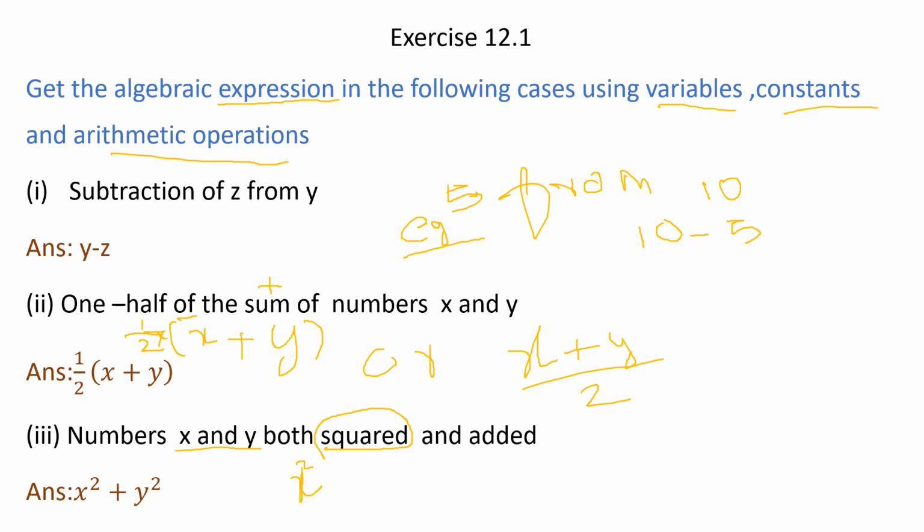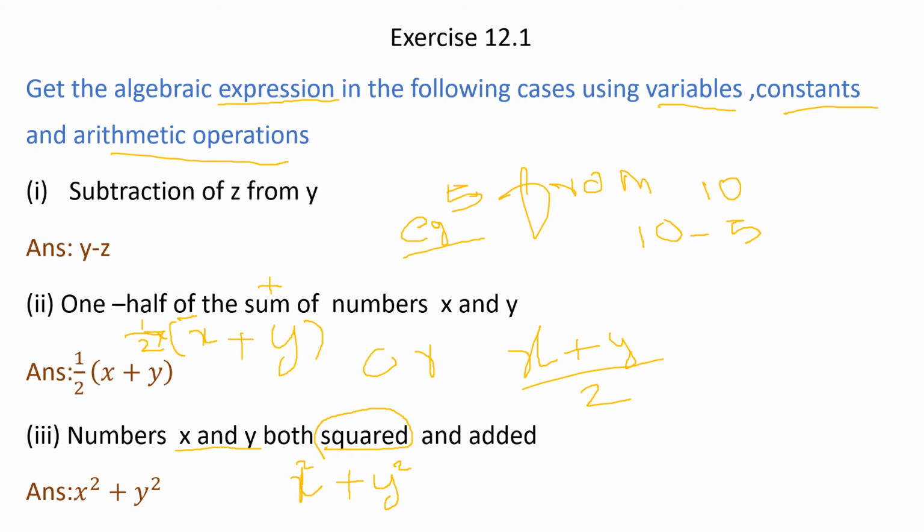X square means x into x. Added means what symbol? Plus. So both numbers are squared and added. So x square plus y square. Is it clear, children? Read the sentence carefully and you want to write it in expression. Okay children. Is it clear?